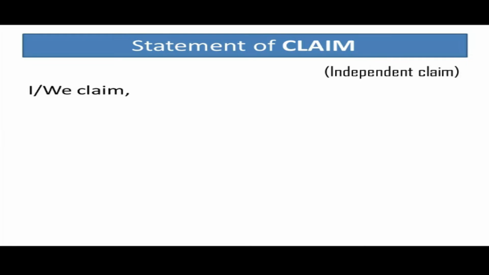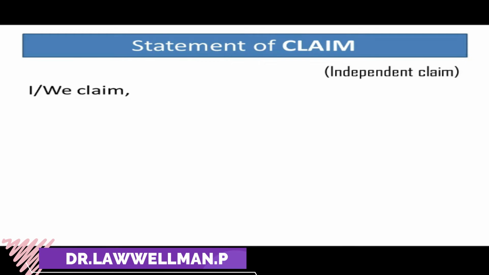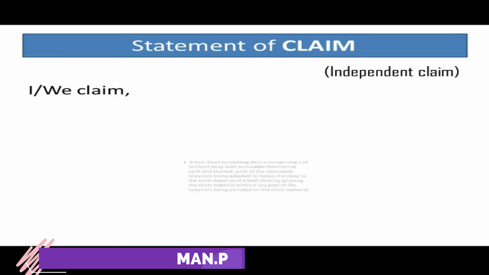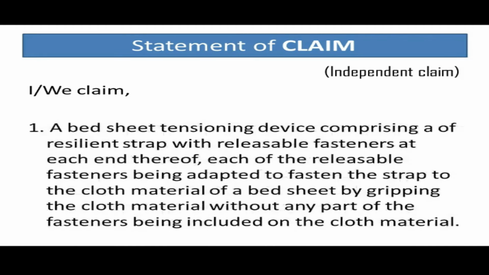It goes almost like this: I or we. If there are two or more, you will have to use the plural. Otherwise, you'll start with first person language. So I or we claim what? One, a bedsheet tensioning device.